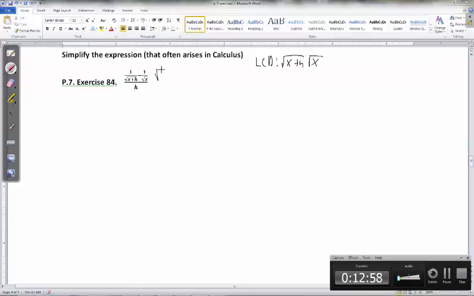So I multiply that into the top and the bottom. That's going to get me square root x minus square root x plus h on the top, and on the bottom, h square root x plus h square root x.